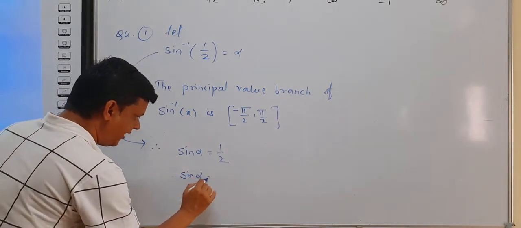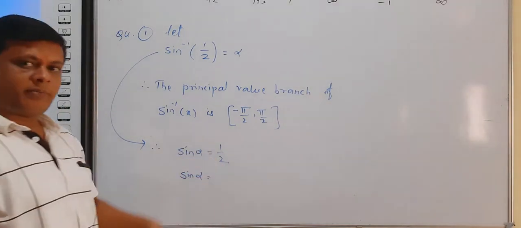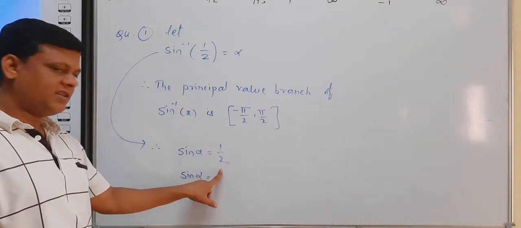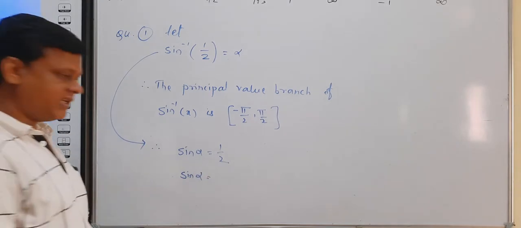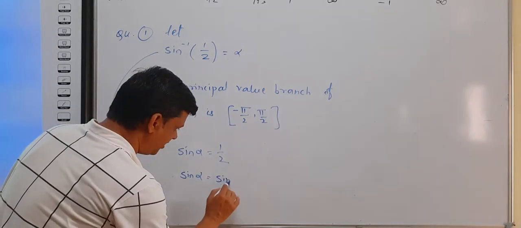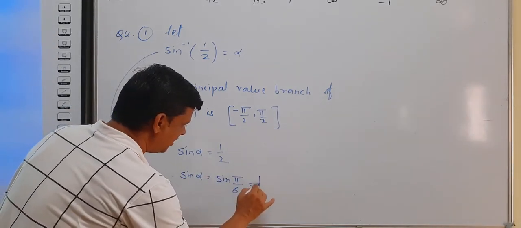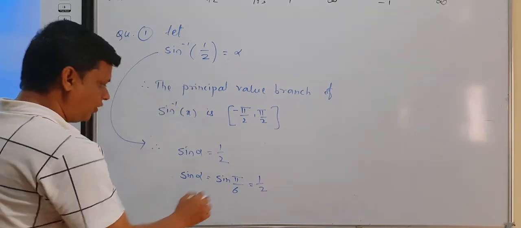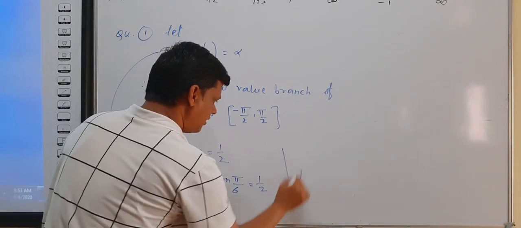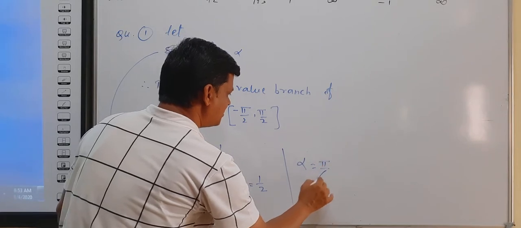So we have to find for which angle we get 1 by 2. We know that sin 30 is 1 by 2, that is sin pi by 6 is 1 by 2. So we write here sin pi by 6 equals 1 by 2. So from this we write alpha equals pi by 6.